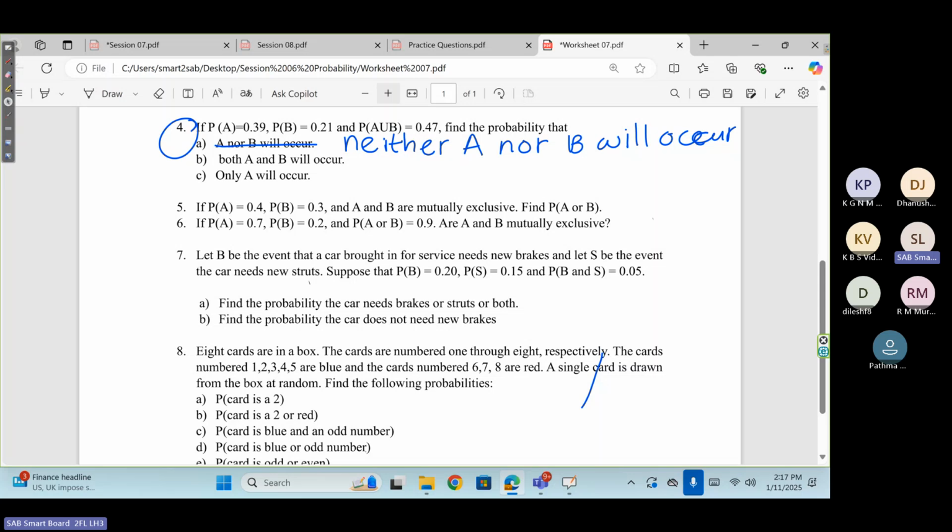Probability of A equals 0.4, probability of B equals 0.3. A and B are mutually exclusive. Find the probability of A or B.